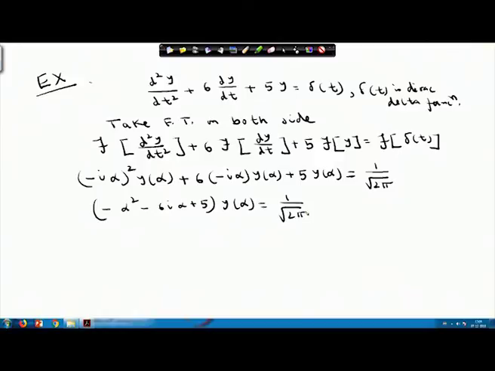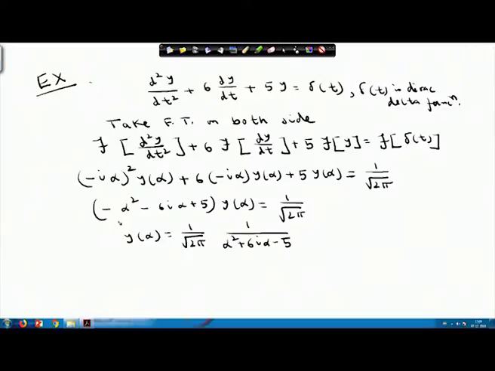So, you can write y alpha equals 1 by root 2 pi into 1 by alpha square plus 6 I alpha minus 5, with a minus sign coming over here.